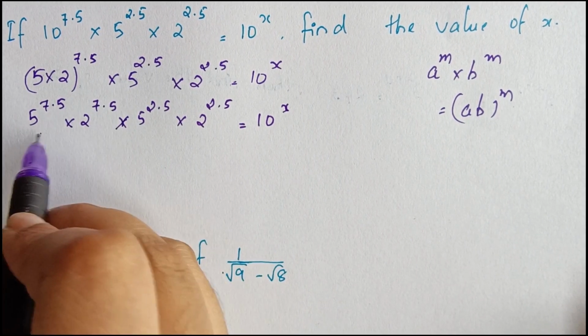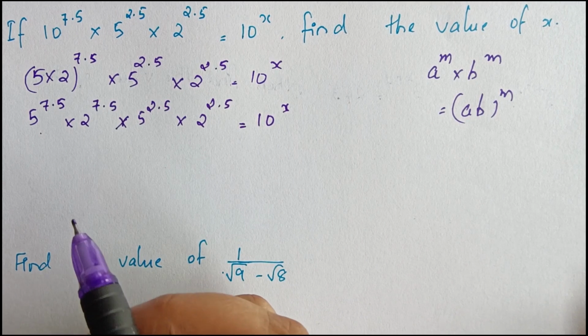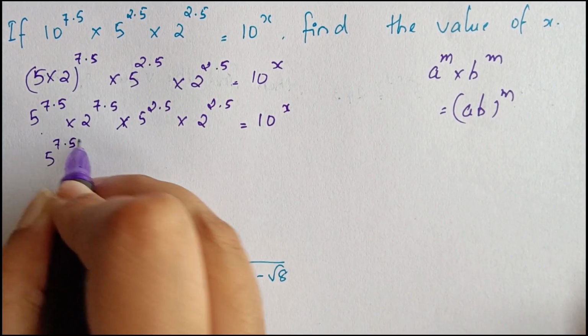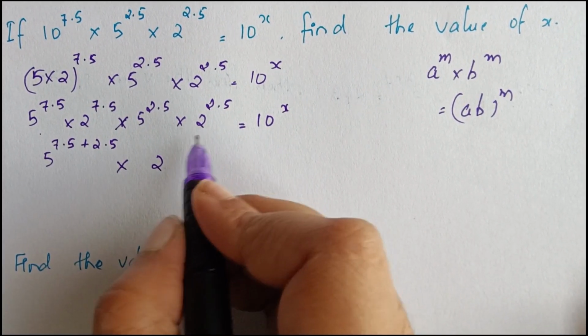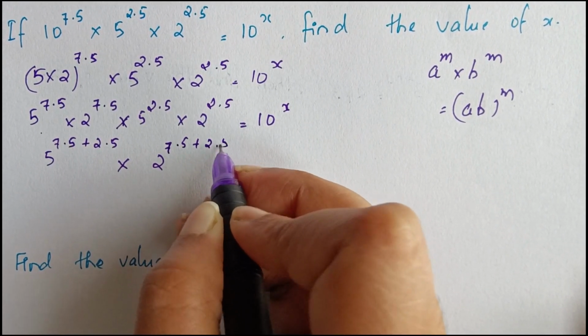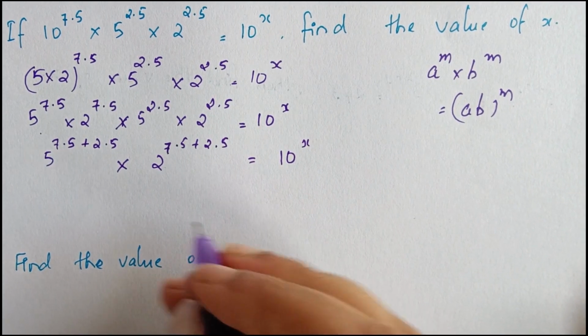Now we can multiply these two, that is 5 raised to 7.5 into 5 raised to 2.5 is 5 raised to 7.5 plus 2.5. Similarly, 2 raised to 7.5 into 2 raised to 2.5, equal to 10 raised to x.